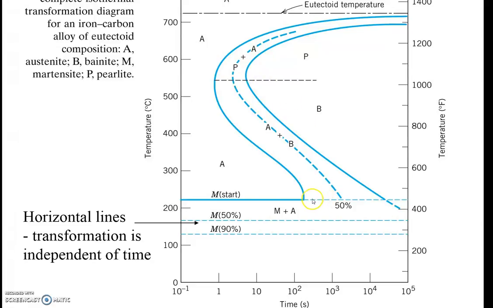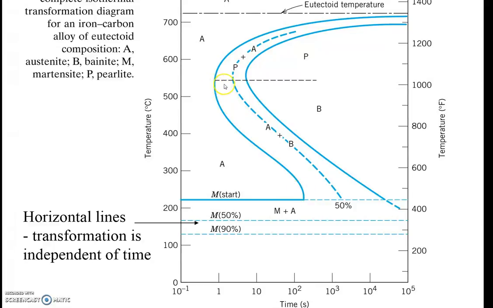Also, look at the transformation rate. It's a little bit different here, right? Because this one takes longer. So the transformation is slower at a lower temperature, because this time span is longer here as opposed to here. And we're talking about the austenite to bainite transformation. And we said, why is that?